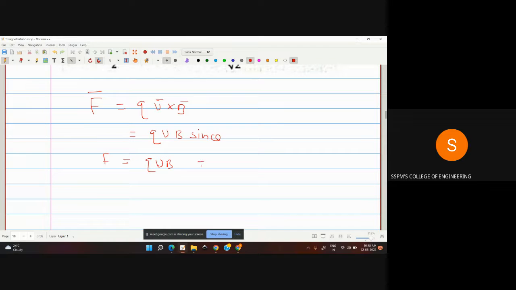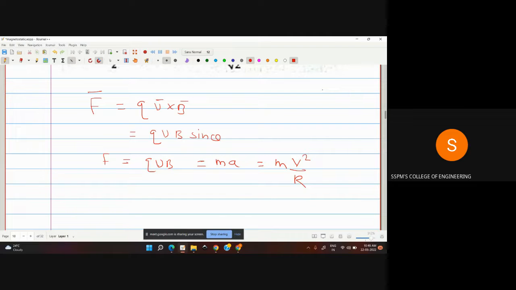And also we can represent force in terms of mass and acceleration, m into a, where acceleration can be determined with the help of velocity and the radius of the circular path. So what is acceleration? It is v square divided by r, where r is the radius of the circular path.